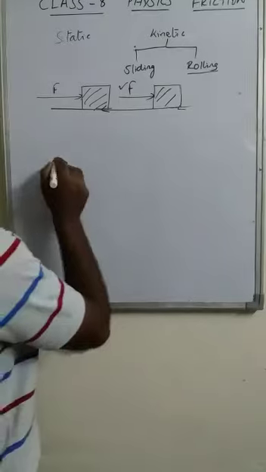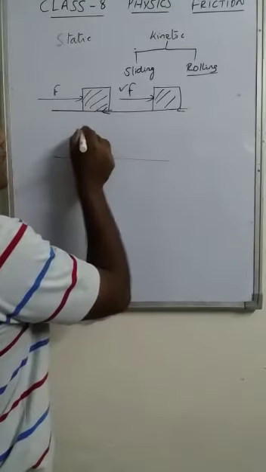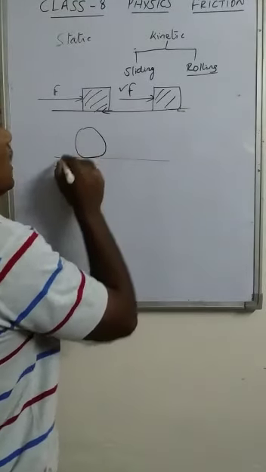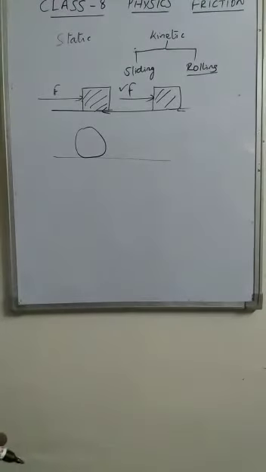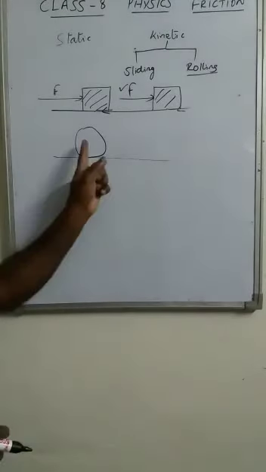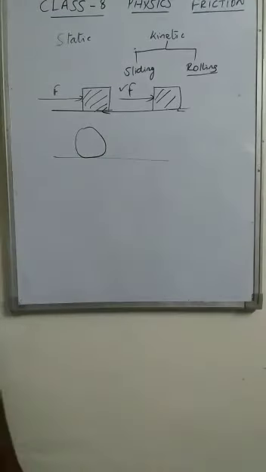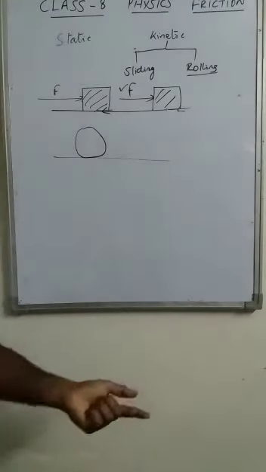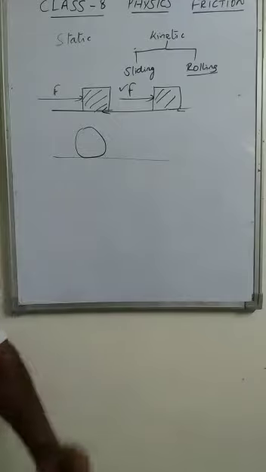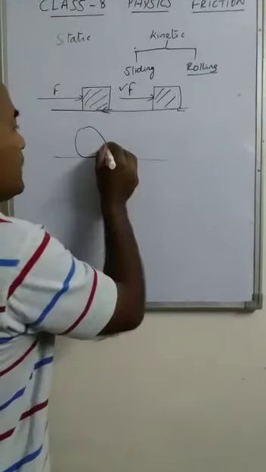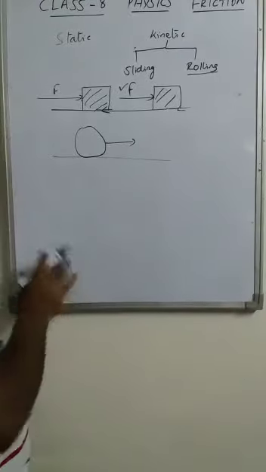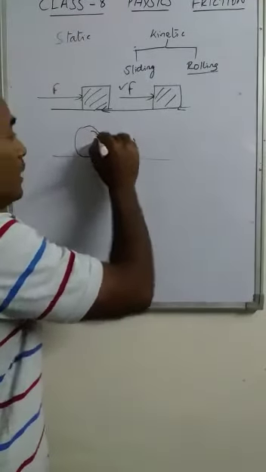Suppose we have a roller. In what way do we prefer to move this roller? Either pull this roller as it is, by sliding, or pull this roller by rolling it.